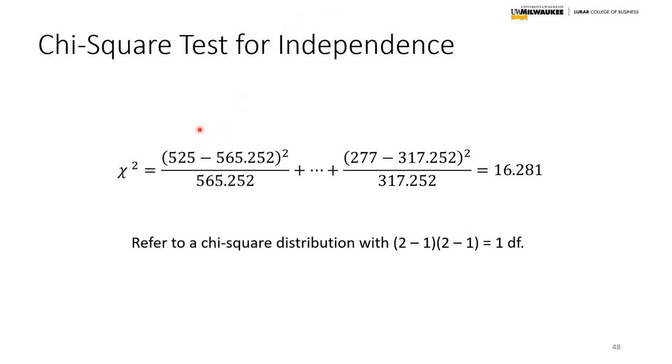We take the observed minus the expected, square it, divide by the expected, and do it for each of the 4 cells and add them all up, and we get 16.281. This statistic under the null hypothesis would follow a chi-square distribution with 2 minus 1 times 2 minus 1, which equals 1 degree of freedom because the number of rows equals 2 and the number of columns equals 2.